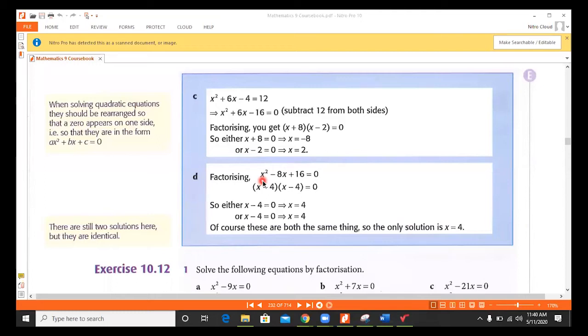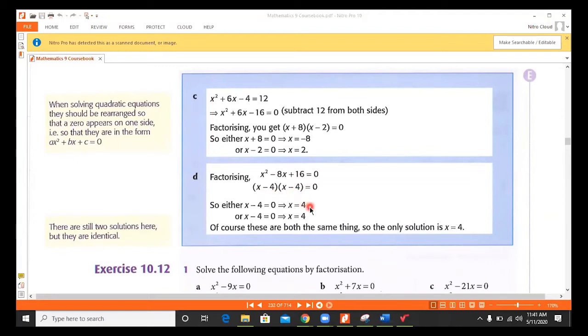In the third case, we are going to see together x squared minus 8x plus 16 equals 0. First of all, we identify that the numbers that give us plus 16 as a product are minus 4 times minus 4, which is plus 16, and minus 4 plus minus 4 is minus 8. So the product is 16 and the sum is minus 8. You see, you have the same binomial, x minus 4 times x minus 4.